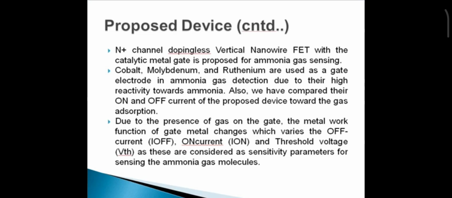Due to the presence of gas on the gate, the metal work function of the gate changes, which varies the I off current and the I on current of the proposed device, and it also changes the threshold voltage of the device, so these three parameters, I off current, I on current, and the threshold voltage, are considered as the sensitivity parameters for sensing the ammonia gas molecule.